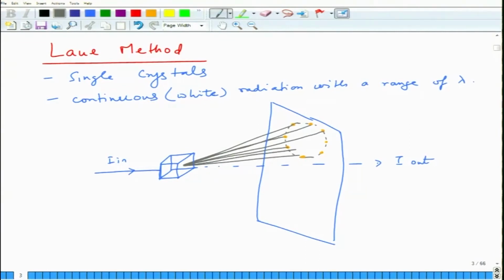You can prove crystallographically that these planes which will diffract make a sort of cone, and the center of the cone is what we call a zone axis. This is the zone axis, and these are all diffraction spots.